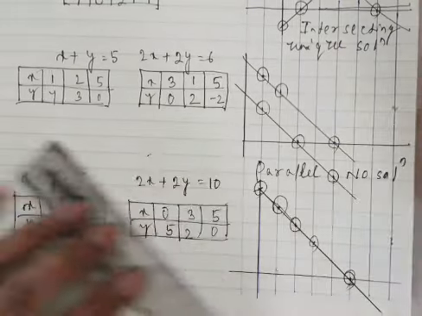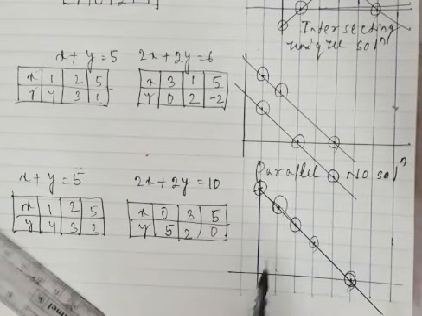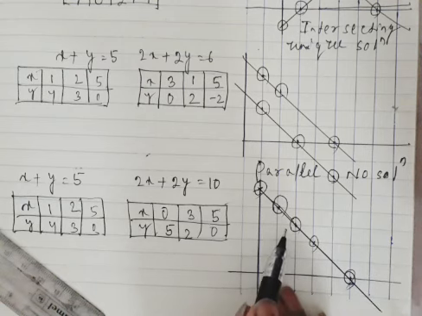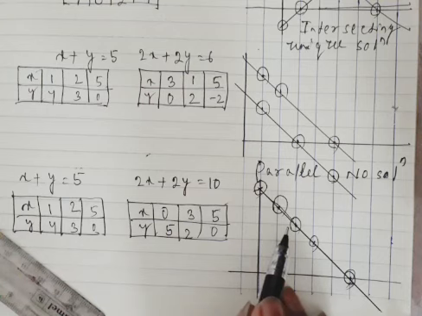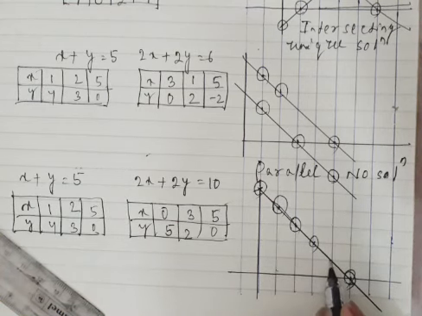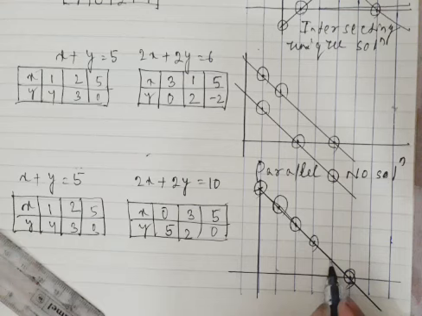But here you see, we have drawn both the lines, but they overlap on each other, or we can say the lines are coincident, one coincides on another. So if I take any point on the first line, the same point also lies on the second line.